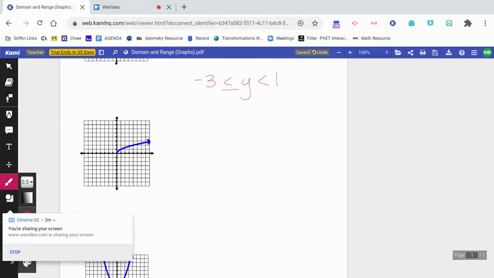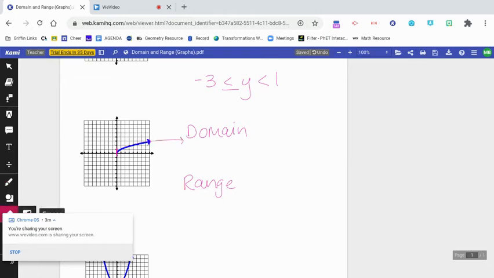Moving on. Again, we want to identify our domain and our range. Domain is left to right. I notice from the origin, it does not actually go further to the left, so 0 is our starting point. And then for our maximum value, this has an arrow on it, which means it's going to continue to go on and on forever and ever.